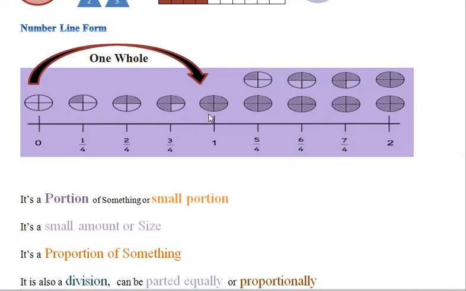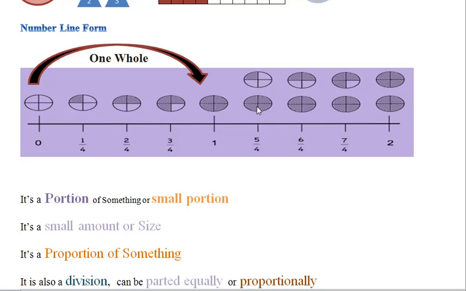These can be divided in 4 equal parts, and from the 4 equal parts you have used one whole. That means 4 out of 4 you have already used. And that 4 upon 4 is equal to 1, plus 1/4 has been used from the other object.